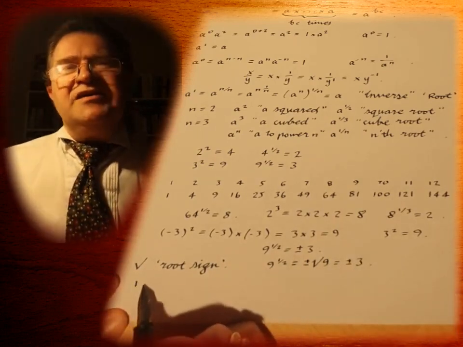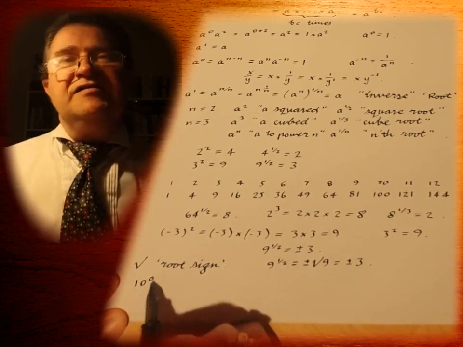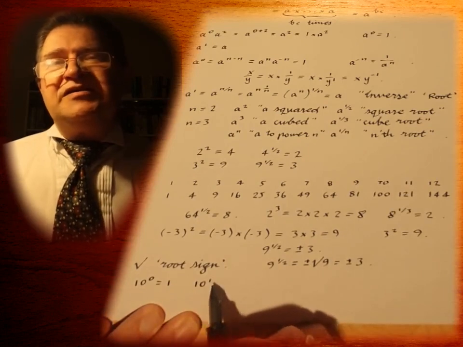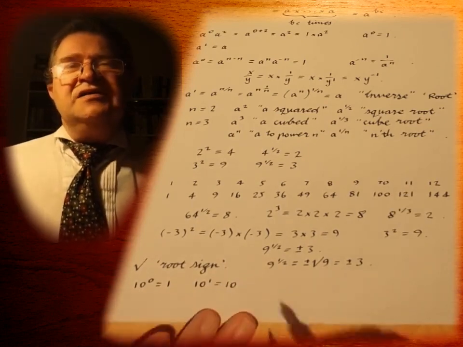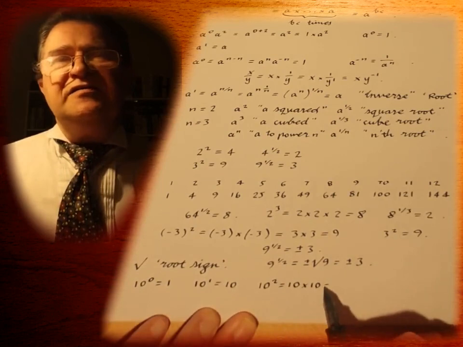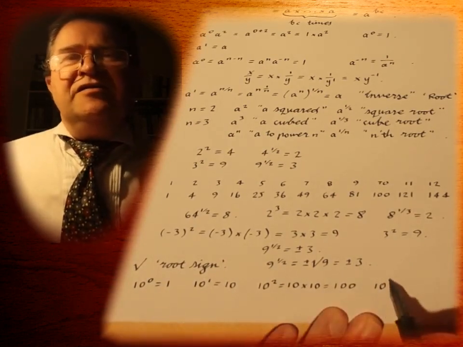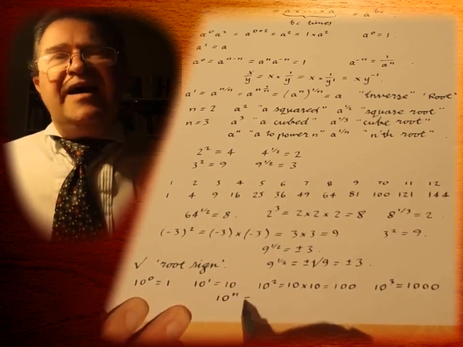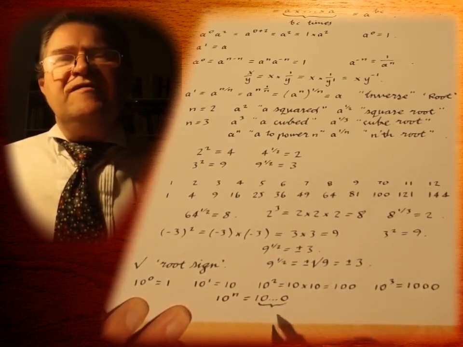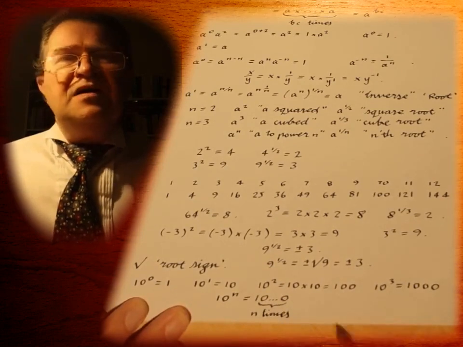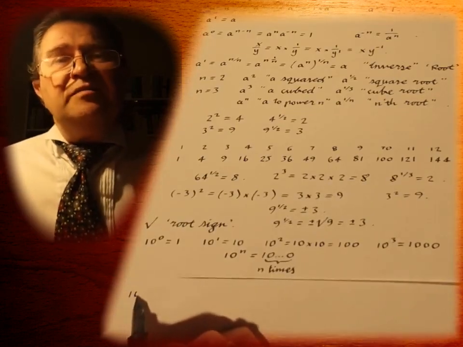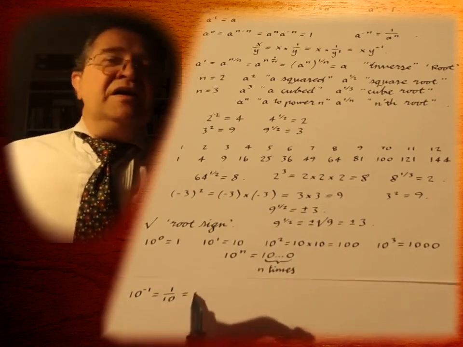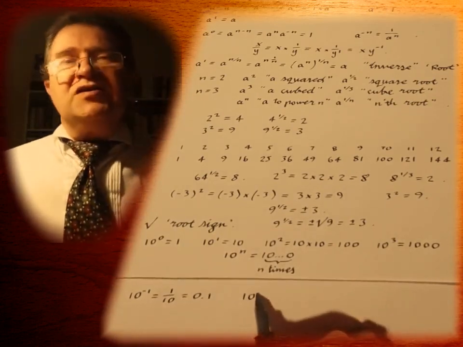See now, 10 to the power of 0, like anything to the 0, is 1. 10 to the 1, like anything to the 1, is just itself, is just 10. 10 to the 2 is 10 times 10 is 100. 10 to the 3 is 10 hundreds is 1,000. And in general, we see that 10 to the n is the number that's 1 followed by n zeros. Also, 10 to the minus 1 is 1 over 10, is 0.1. 10 to the minus 2 is 1 over 10 squared.